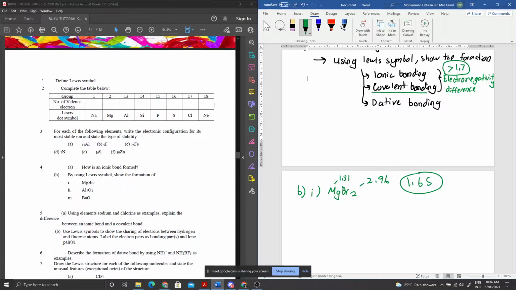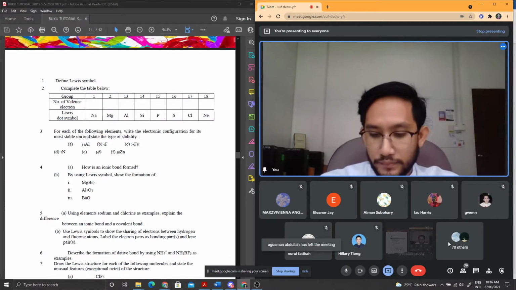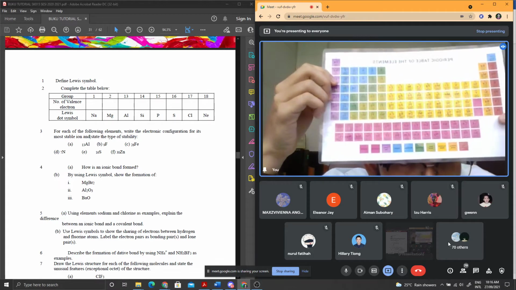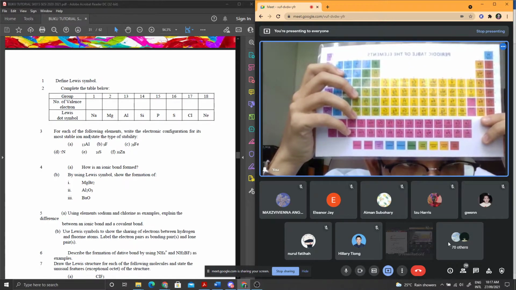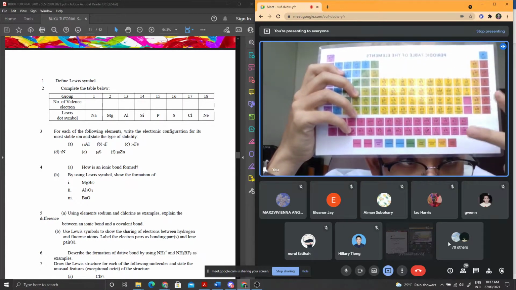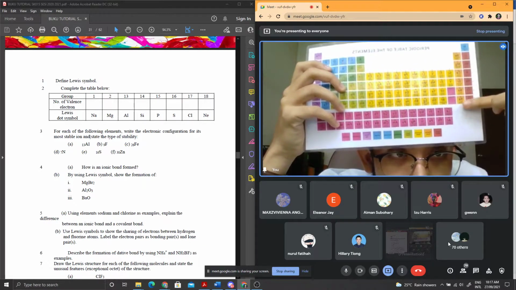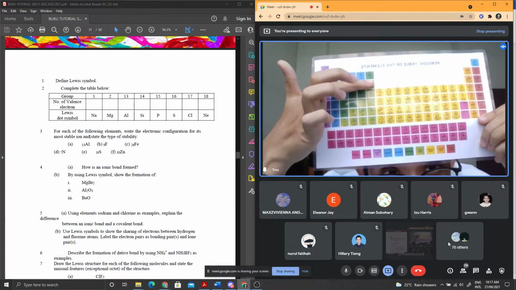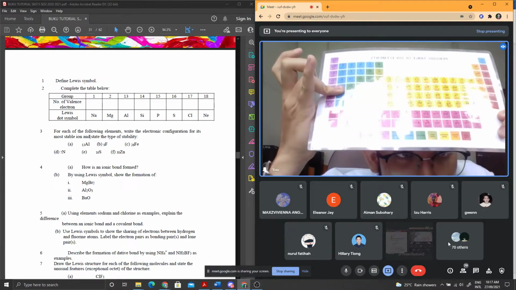But a general rule, if you look at my camera, this one is bigger. The general rule is like this: if the two atoms that react are one from the S block and the other from the P block, which is here, most likely it is ionic bonding.